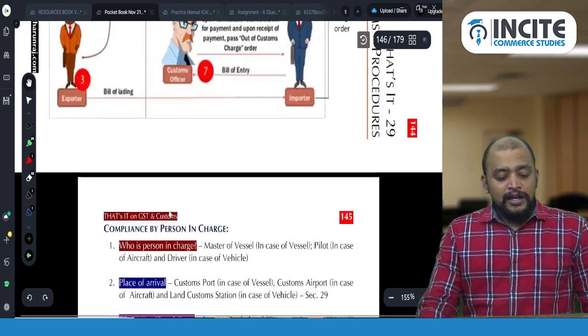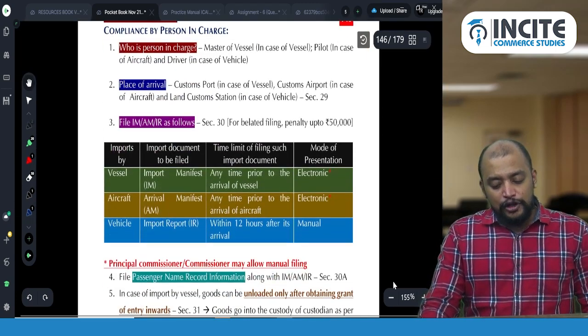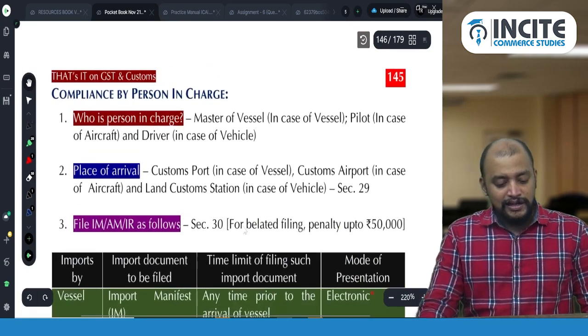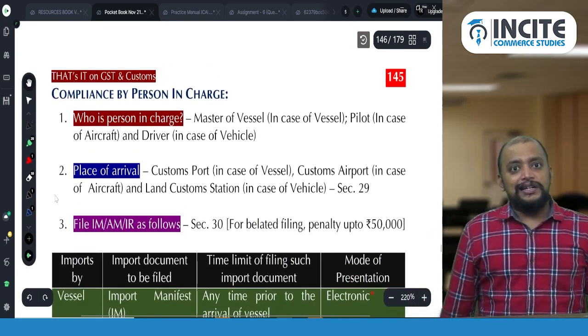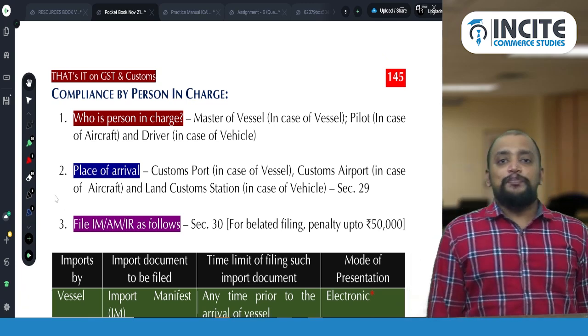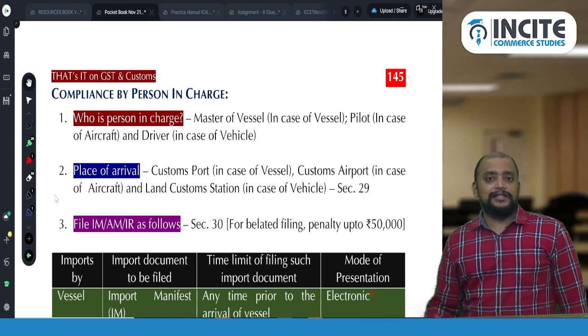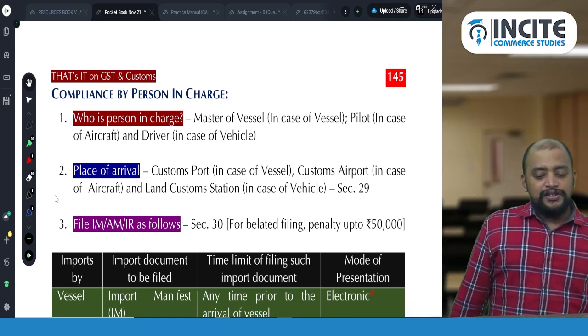Now we are going to see the compliances to be followed by the person in charge. Who is the person in charge? In case of vessel, it is the master, in case of aircraft, the pilot, and in case of vehicle, the driver or any other person in charge. What is the place of arrival?